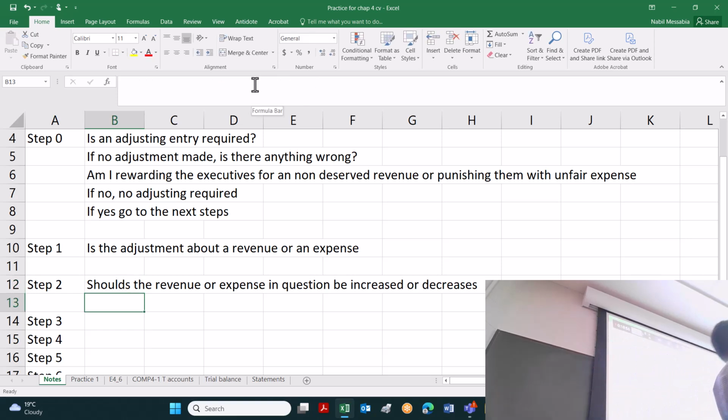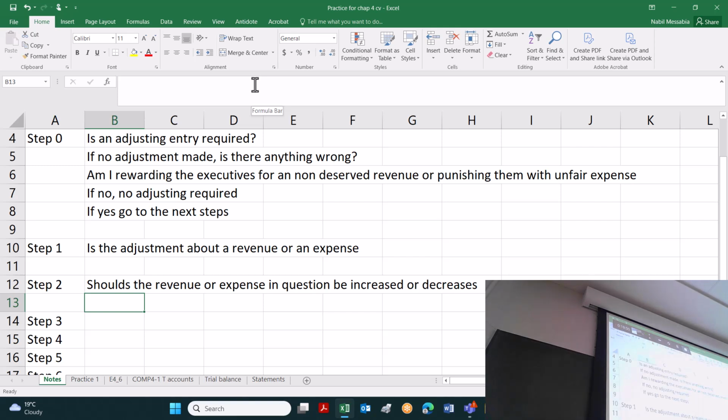What is the answer for our case? We need to charge the executive for the work that was done, which means the expense for the company has to increase. We need to charge them for the job that they consumed. So the expense has to increase. Increasing an expense means debit or credit?